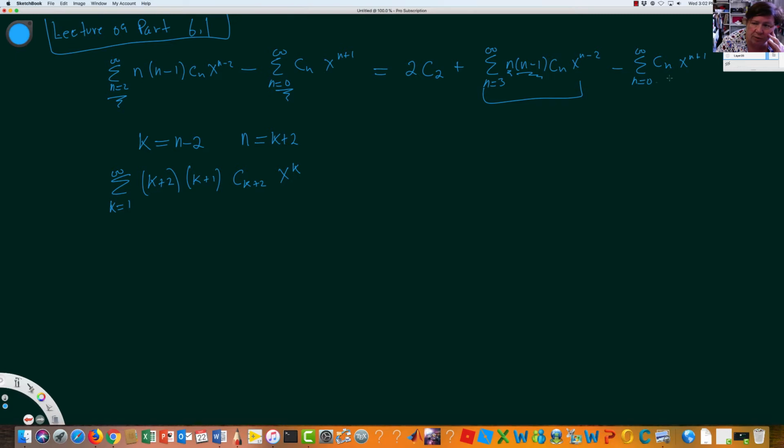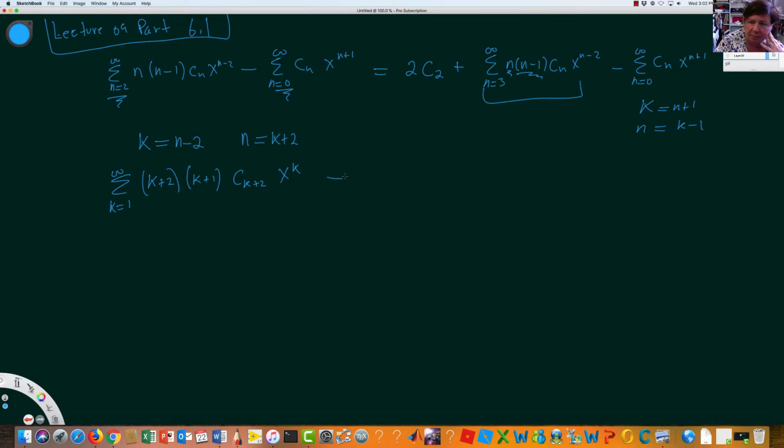And now we'll do the next one. Over here, we'll make a different choice. We'll say, okay, let's get k equal n plus 1, and that means n equal k minus 1. Okay, and to get n equals 0, it's k equal 1 again. So that's good. So let's just rewrite that one.